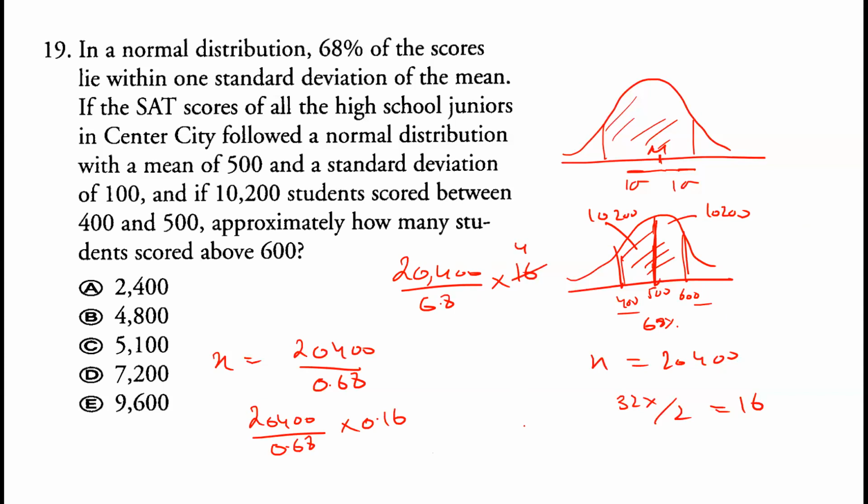So 4 4s are 16, and this would be how much? 4 1s are 4, 17s are, so 20,400 divided by 17. So 204 divided by 17 equals to 12. So 20,400 divided by 17 equals to 1200. So 17 into 12 equals to 204. 1200 into 4 equals to 4,800. So option B is correct.